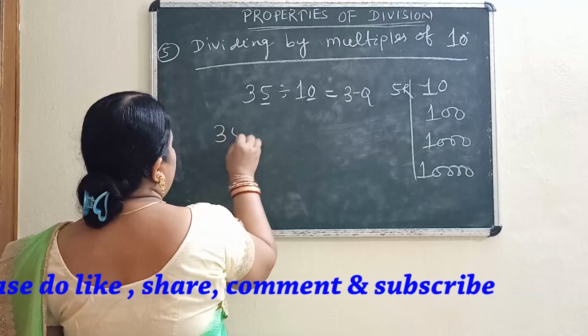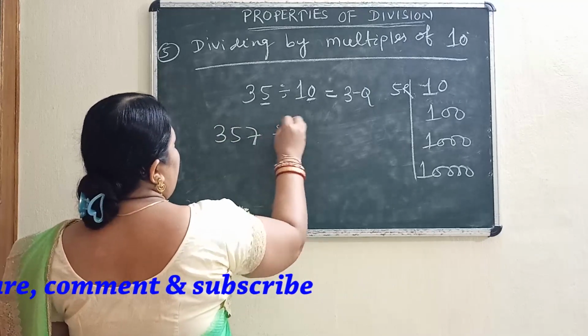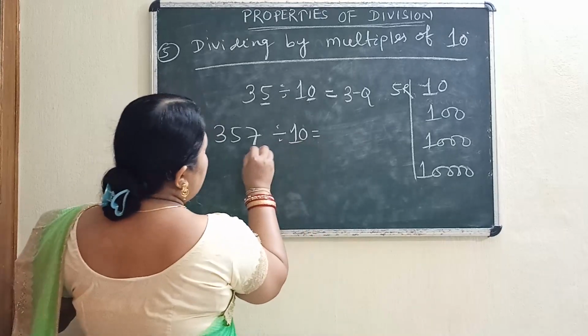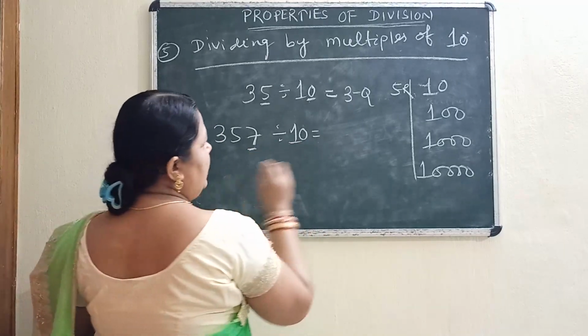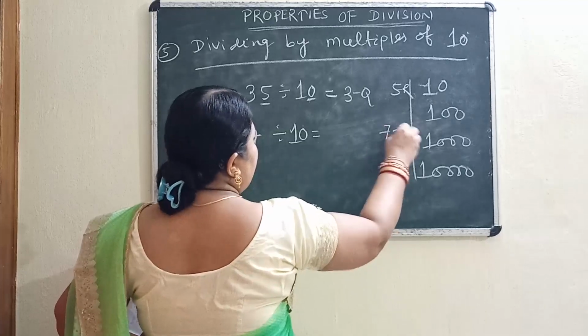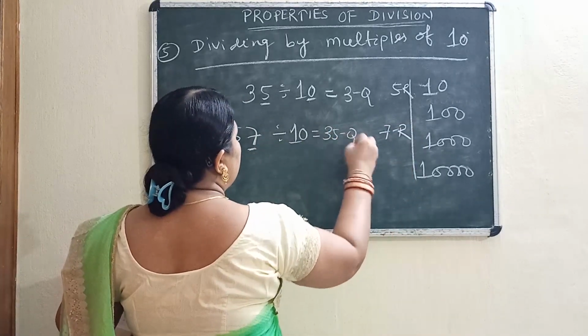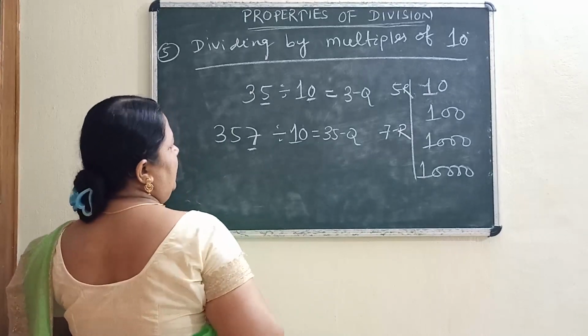Suppose we are dividing 357 by 10. One zero means you leave one digit as remainder. 7 is your remainder, and 35 is your quotient. Clear?